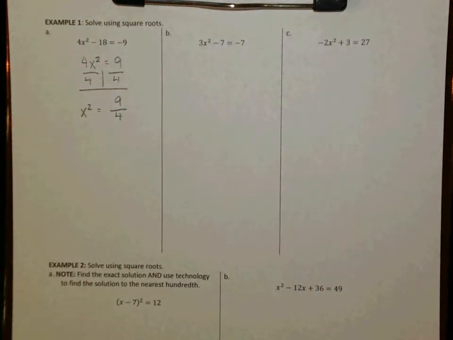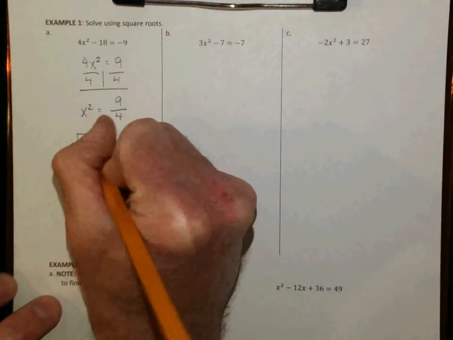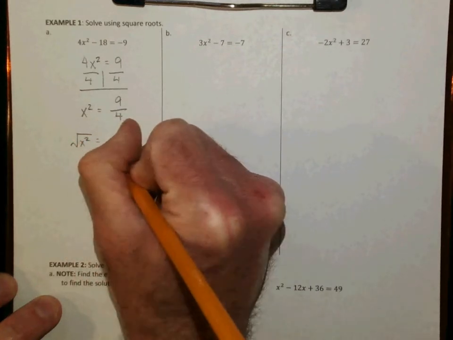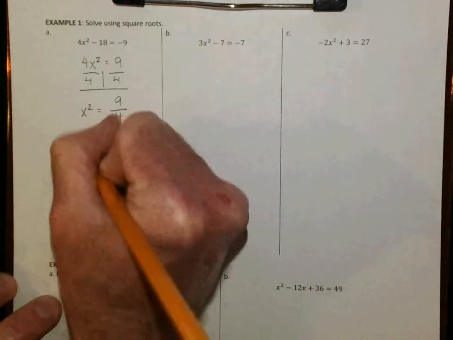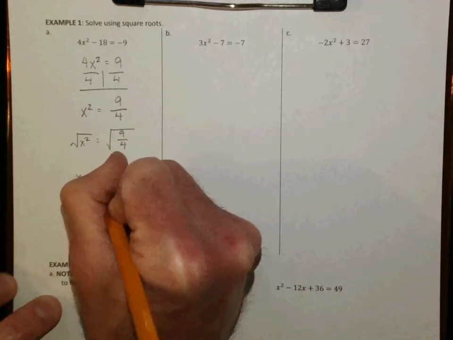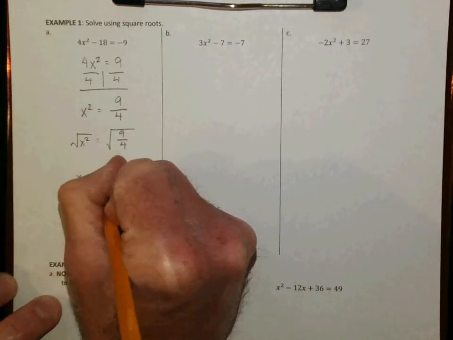And I am now going to take the square root of both sides. The square root of x squared is equal to the square root of 9/4. So x is equal to plus or minus.